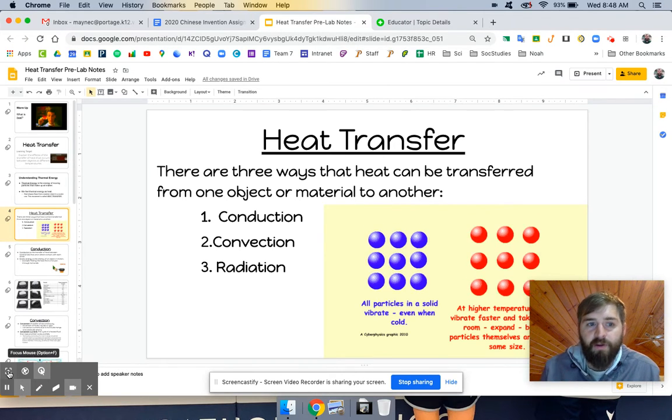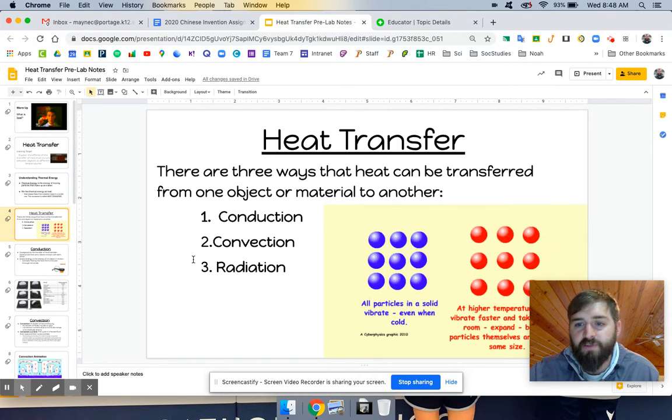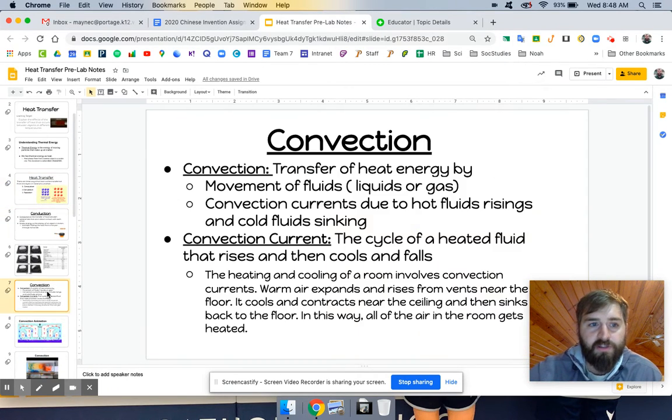Okay. Today we're going to be moving on to the next two forms of thermal energy, which is convection and radiation. And so let's start with convection. So in your notes, I'd like you to write down the definition of convection here. Convection is the transfer of heat by movement in fluids. Okay, and in fluids, fluid actually means liquids or gases.